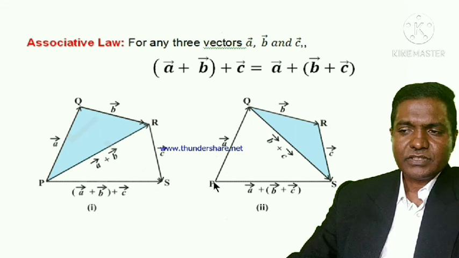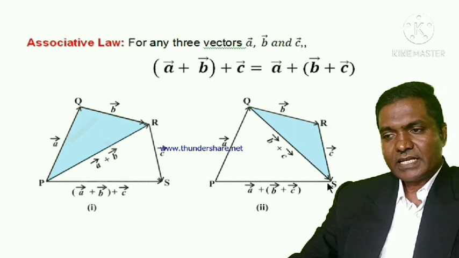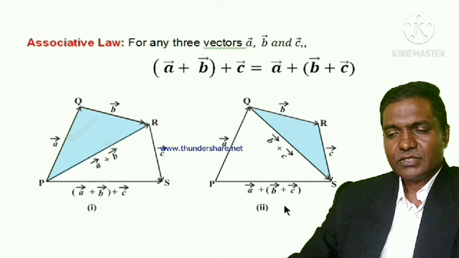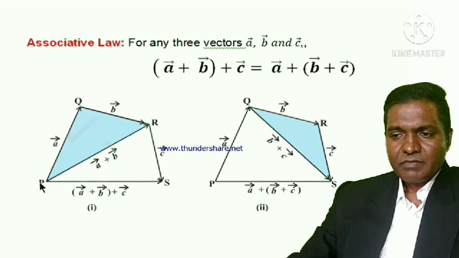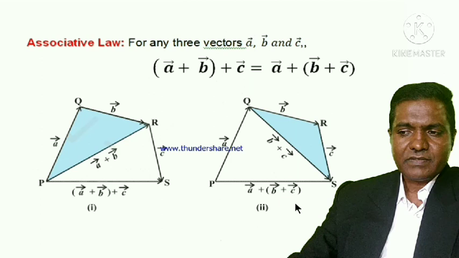This vector is ending at P, and this second vector is starting at Q, so they can be added. Their resultant is vector PS, and that is this. It means the sum of this and this will be this vector. So again you will have the PS vector, PS vector. So this is equal to this vector.